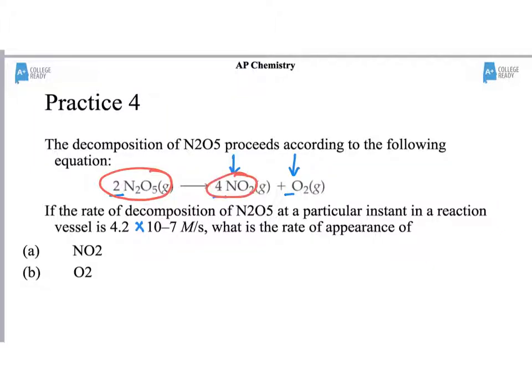So what do we know? What's the rate relationship? From this to this one's faster. How much faster? It's twice as fast. So what would the rate of the appearance of nitrogen dioxide be? It would be twice the rate of the disappearance of the dinitrogen pentoxide. So 4.2 times 10 to the negative 7 times 2 would be 8.4 times 10 to the negative 7 molar per second.